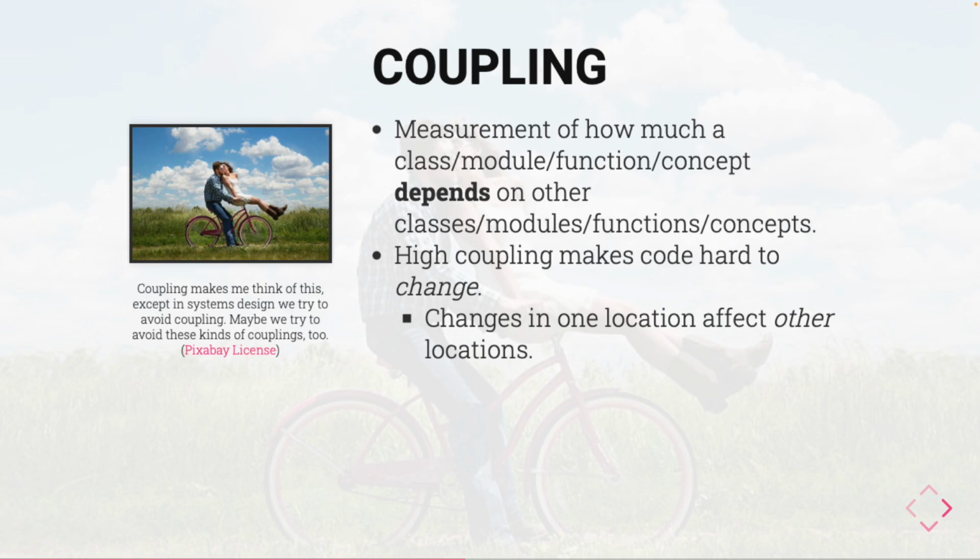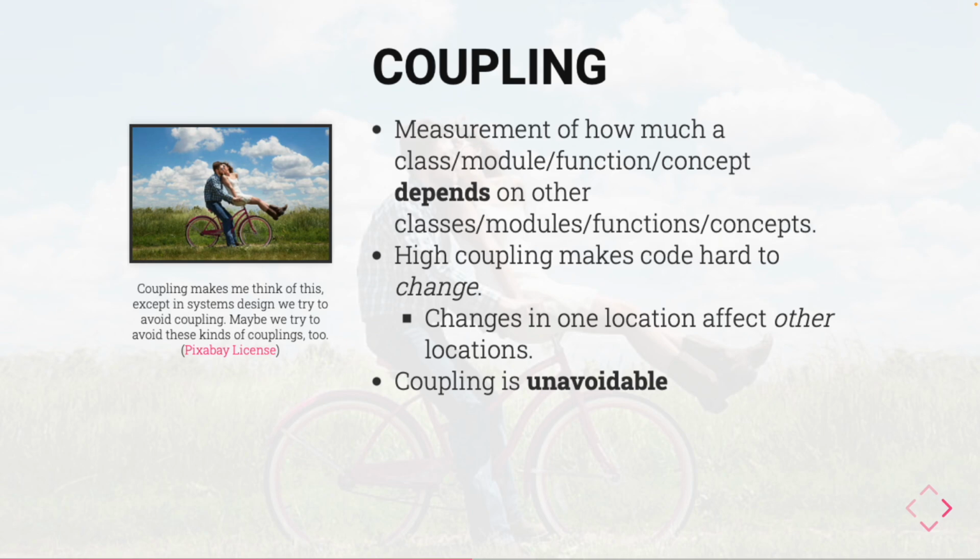So it's bad if changes in one location affect other locations. This is what we're trying to avoid with separating interface and implementation. But it's impossible to completely avoid coupling.